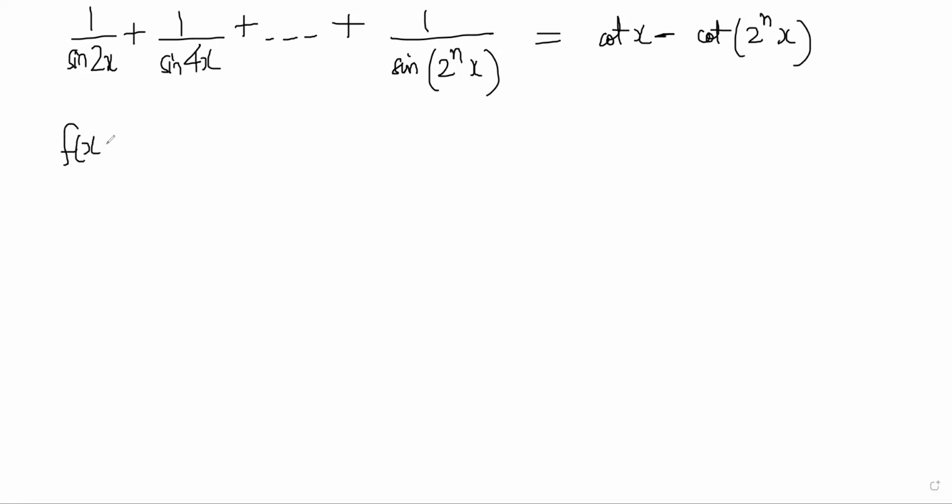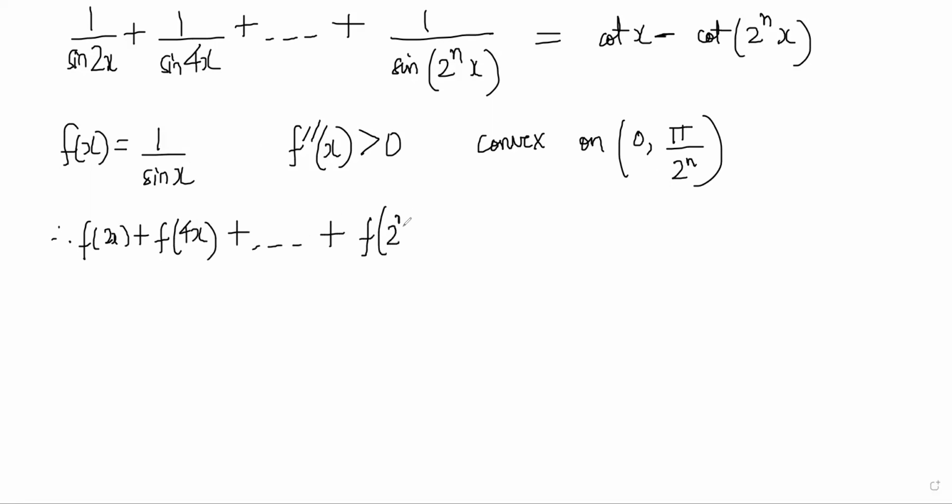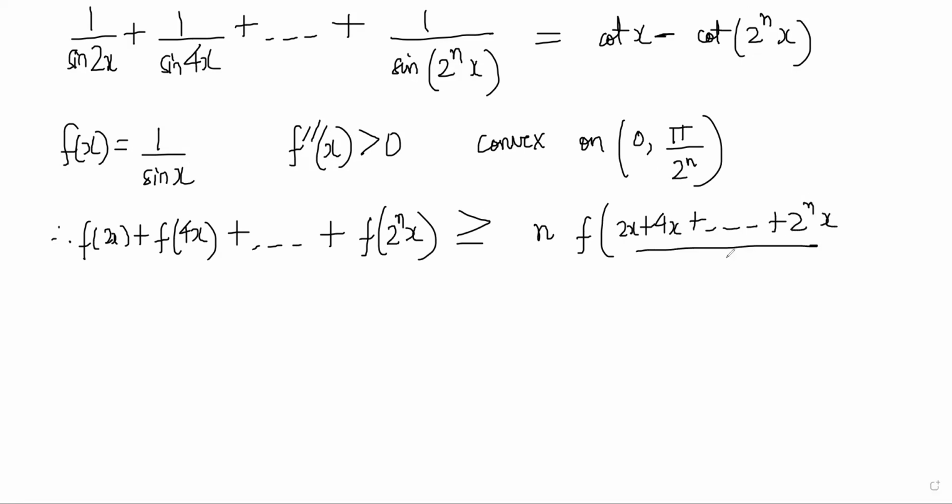Now let's consider the function f of x is equal to 1 by sine x. You can show that f double dash x is greater than 0. So this function is convex on 0 to pi by 2 power n. So since this function is convex, therefore f of 2x plus f of 4x plus so on till f of 2 power nx is greater than or equal to n times f of the average of 2x, 4x, up to 2 power nx, that is divided by n.